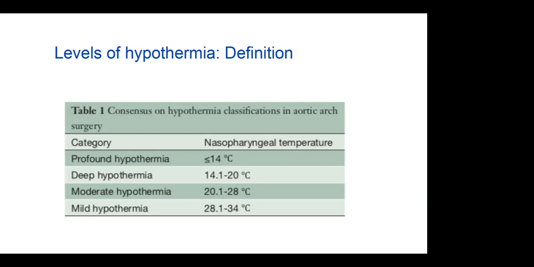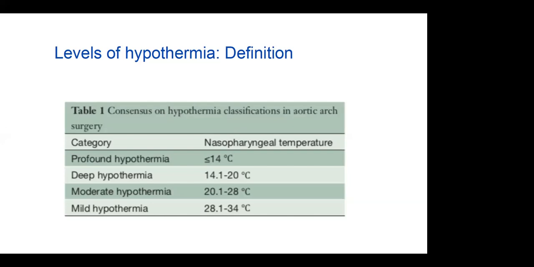So dissecting all the arch vessels, as Hassan mentioned, and it's preferable also to go around it and put a vessel loop on it in case I need to use it later. And also I need to keep venting of the heart through the right superior pulmonary vein.